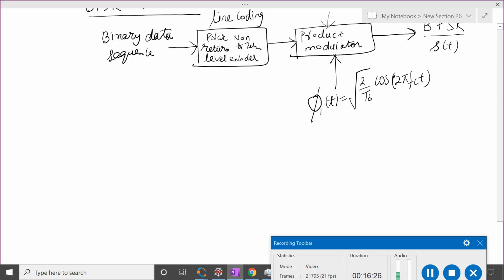Now modulation is pretty much simple. Now I need to demodulate the BPSK. Let me first discuss the BPSK demodulator, and let's say that there is no noise.